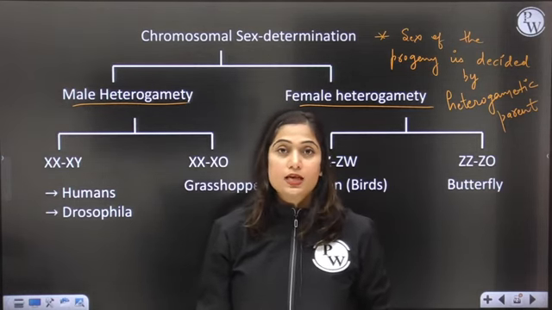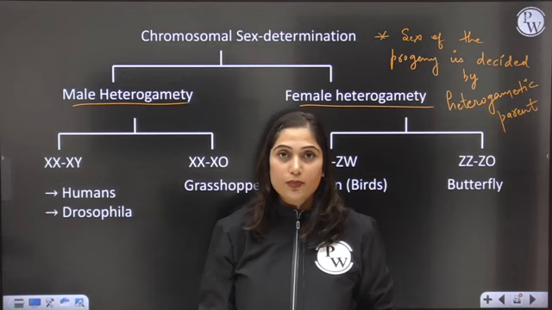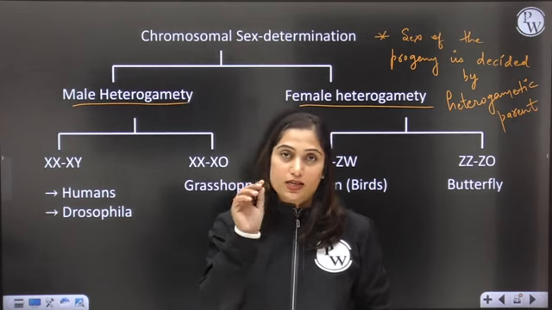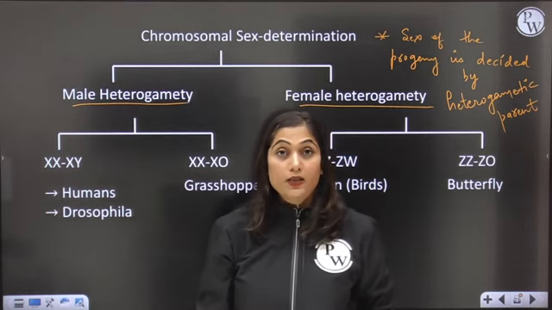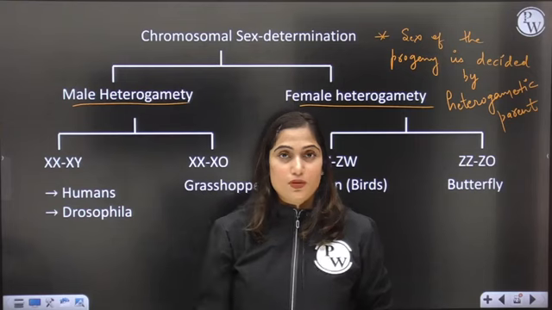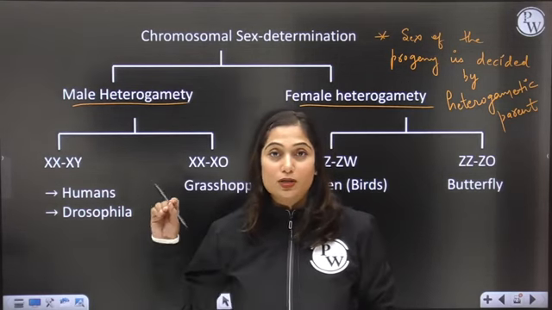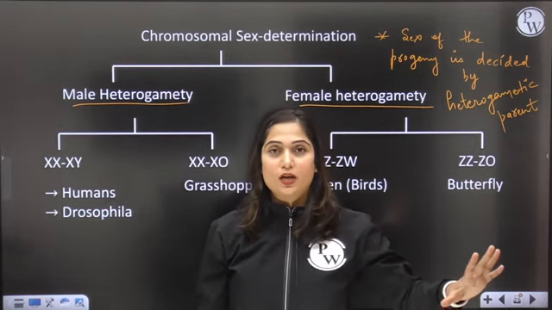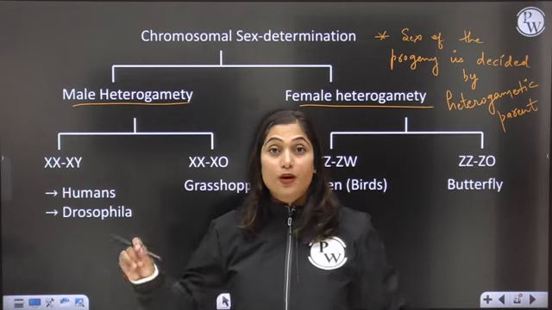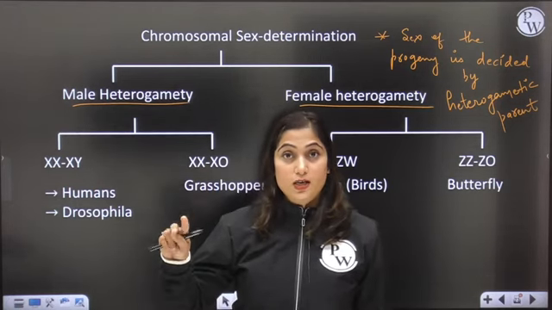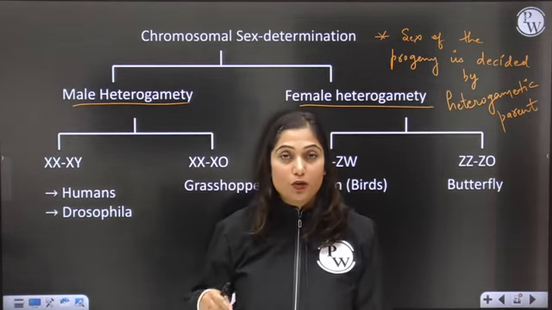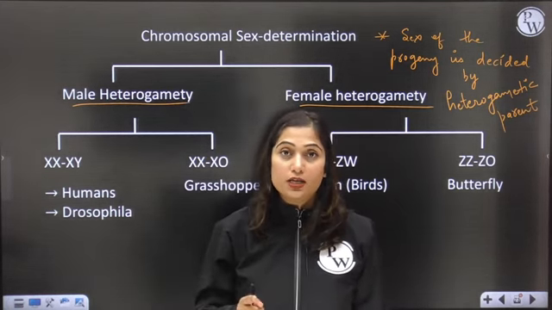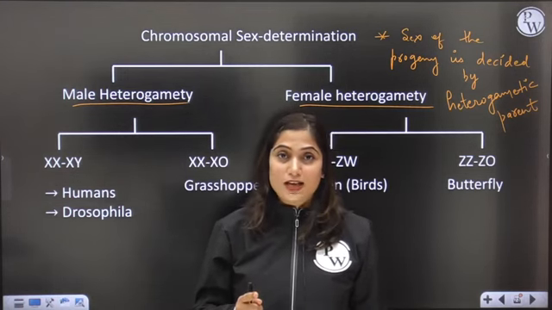That means the female can form only one type of gamete, 22 plus X. But the males can form two different types of gamete, 22 plus X or 22 plus Y. So who is forming two types of gamete here? Male. So who is heterogametic here? Male. And the sex of the progeny is always decided by the heterogametic parent.